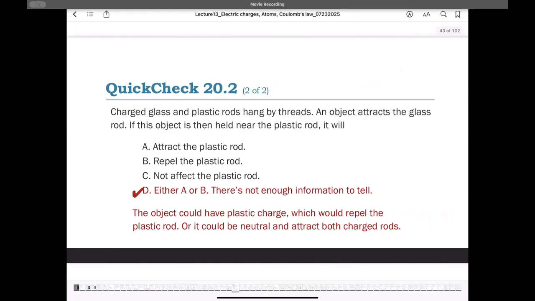But sometimes it will have the opposite charge with the glass rod, but we don't know if the glass and the plastic rods have the same charged situation. Does it make sense to you? So there is not enough information to tell.